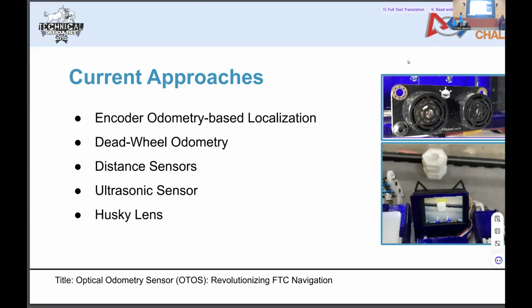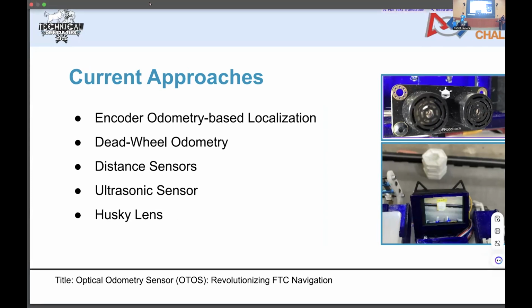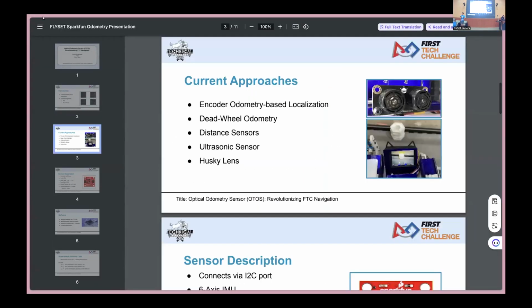So current approaches to localization follow a couple of mainstream ideas. Firstly, we have encoder odometry-based localization. This was the form of localization that we used before we discovered the OTOS.